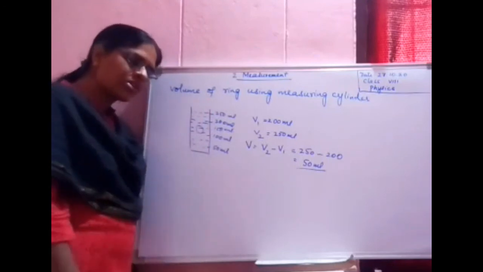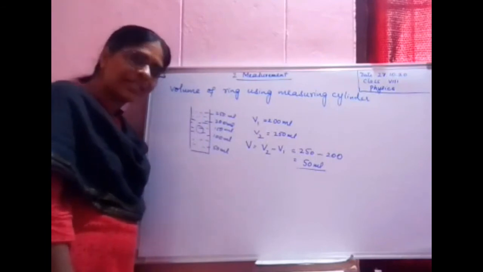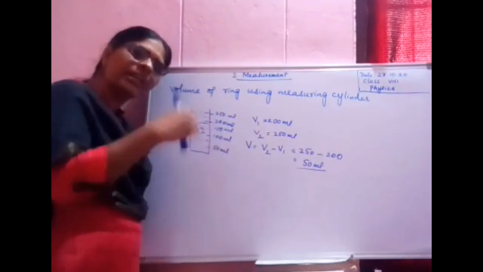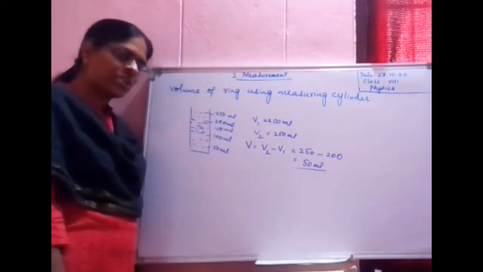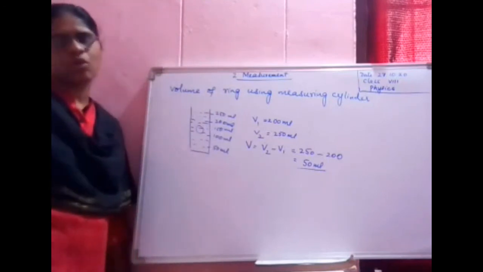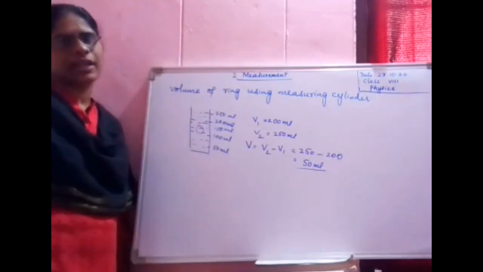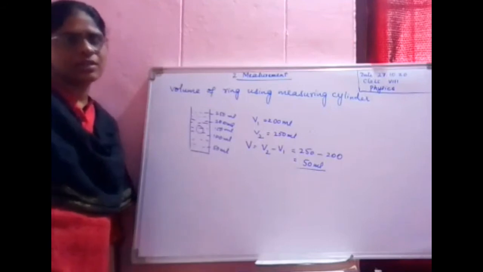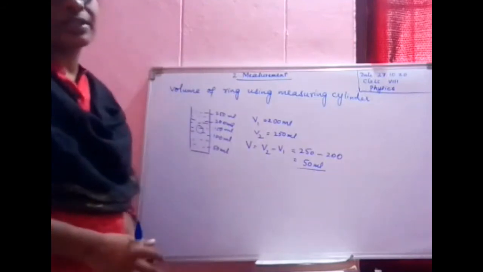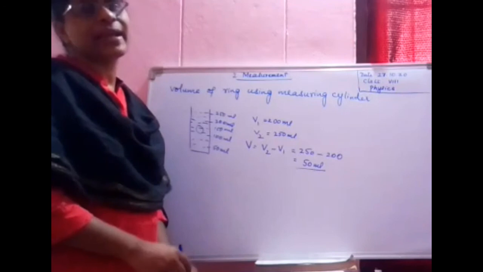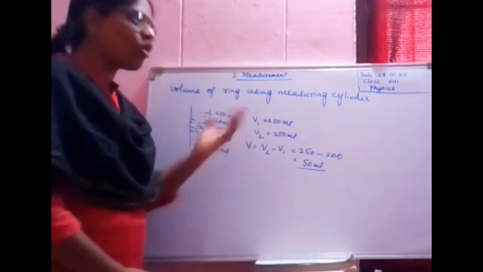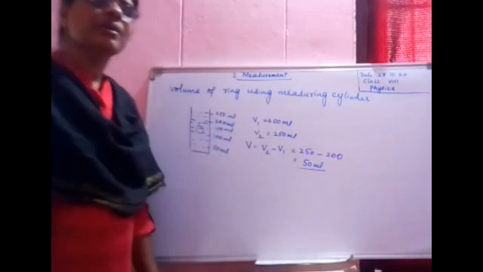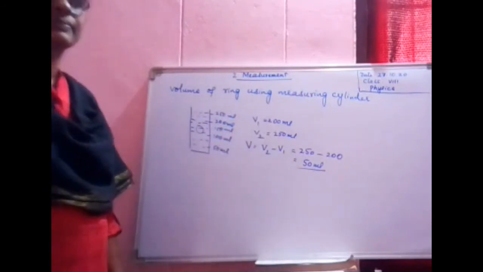The gold ring displaces water equal to its volume. The difference between the new reading and the initial reading is the volume of the gold ring. Okay children, this is your activity 2, how to find the volume of different objects using a measuring cylinder.